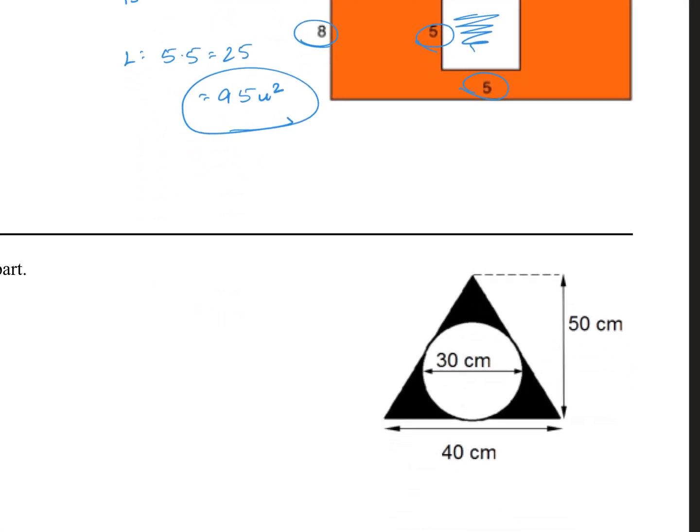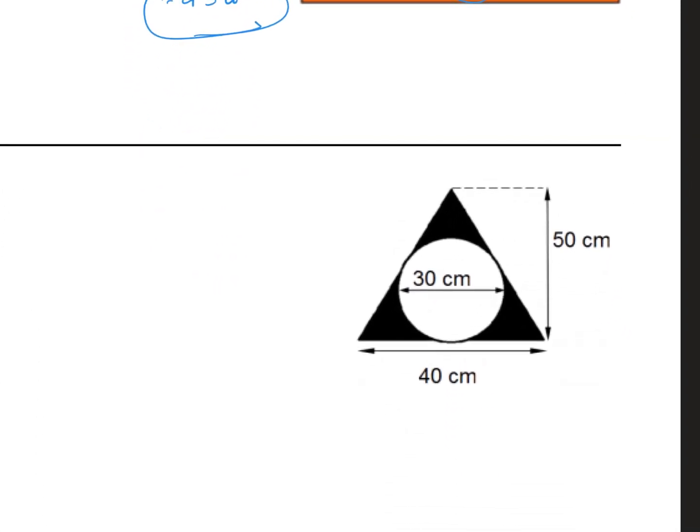Now let's look at the last example. Again, they're different colors. That means we know we're going to subtract. And we have a triangle and a circle. We're going to find the area of the triangle, and that is base times height divided by 2. So you're going to have 40 times 50 divided by 2, which is a total of 2,000. And then you're going to find the area of the circle.